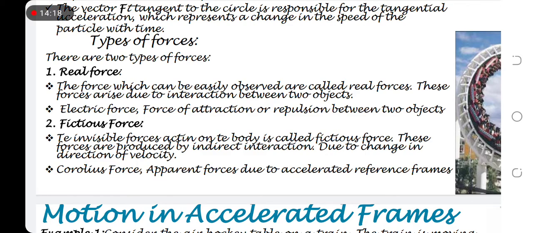These forces arise due to the interaction between two objects. Suppose the force between Earth and the objects, we can observe the gravitational force, or the force between two charged particles. Similarly, the force of attraction or repulsion between two magnet pole pieces. These forces are basically real forces.